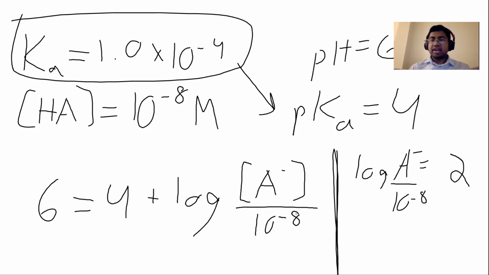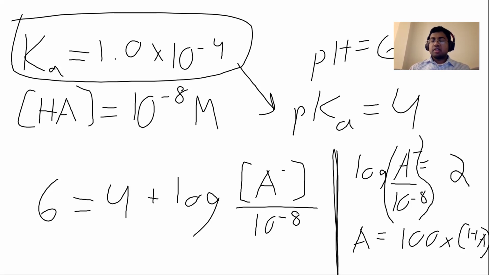Basically, the point is that A minus is going to be 100 times HA, because if the log of the concentration of A minus over the concentration of HA is 2, there's 100 times more A minus than HA. Does that make sense?